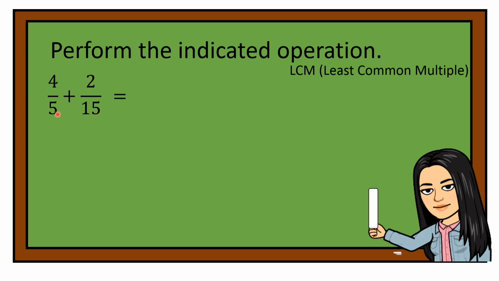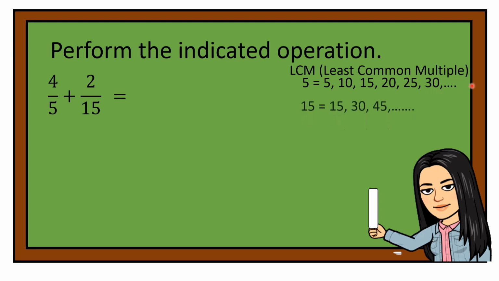So, we have to consider these two denominators. Let us get the least common multiple of each denominator. The multiples of 5 are 5, 10, 15, 20, 25, 30, and more.